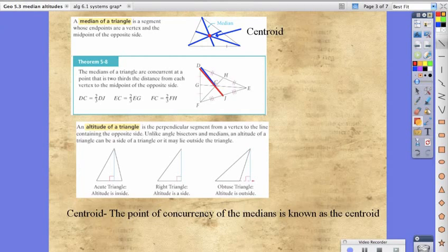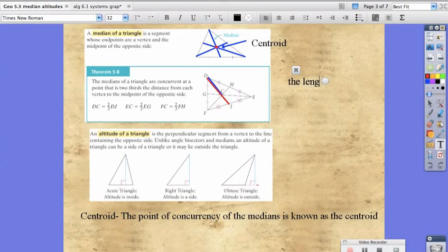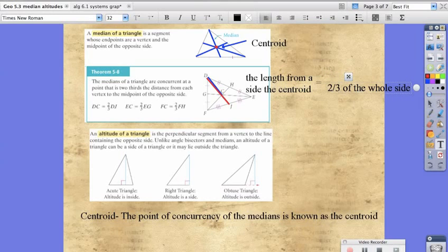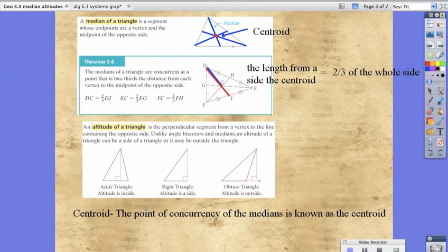We're saying the length from a side to the centroid is equal to 2/3 of the whole side. Conversely, that would mean that CJ should be that other 1/3, but we won't deal with that too often.